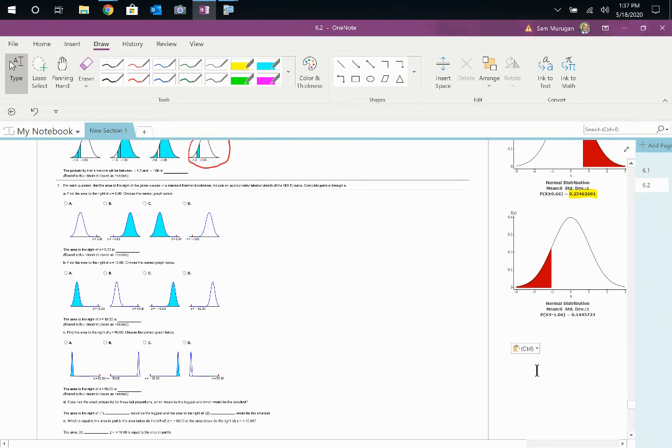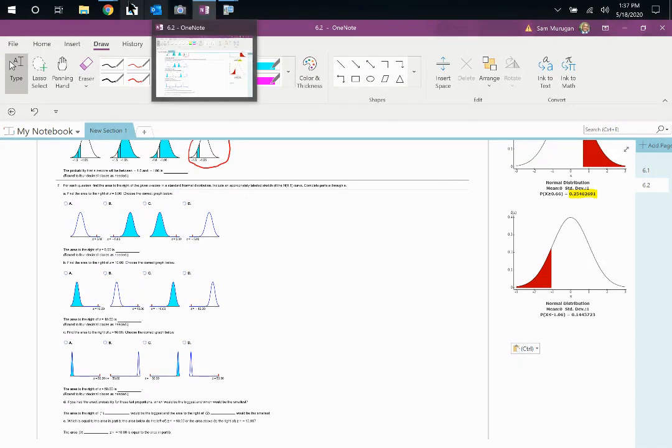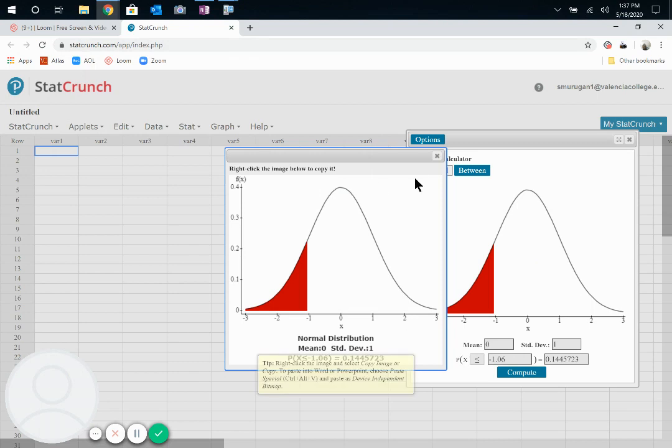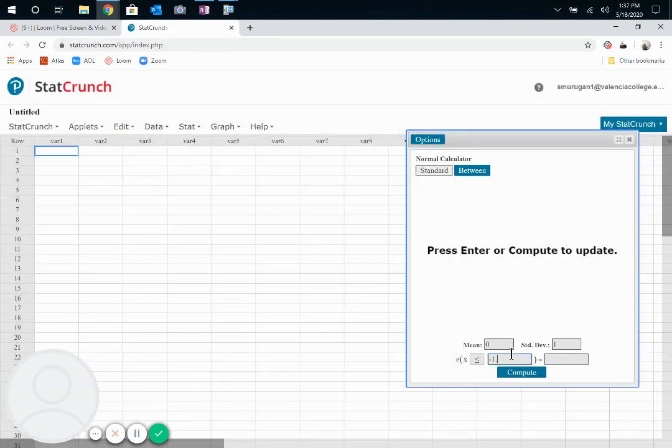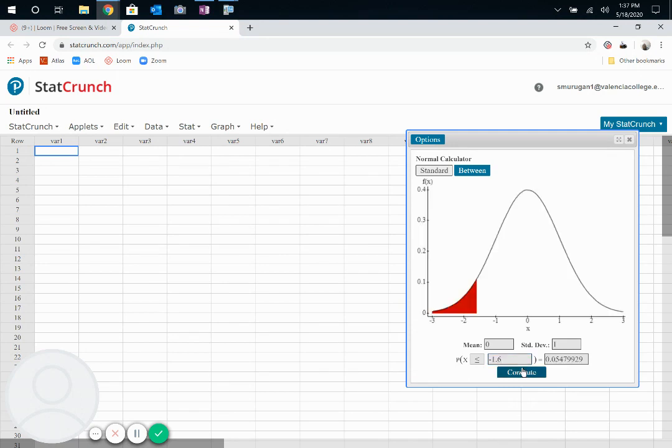And then we need the second one, which is less than negative 1.6, my bad. Compute. We get 0.0547.